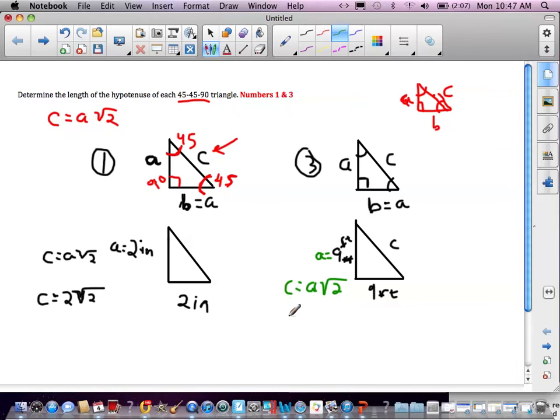Well, if A equals 9, then to determine the length, I'm going to take the A, which is 9 in this case, the length of the leg A, and multiply it by the square root of 2. And that would be my answer. So try to do number 4 on your own, and hopefully this helps you understand the concept.